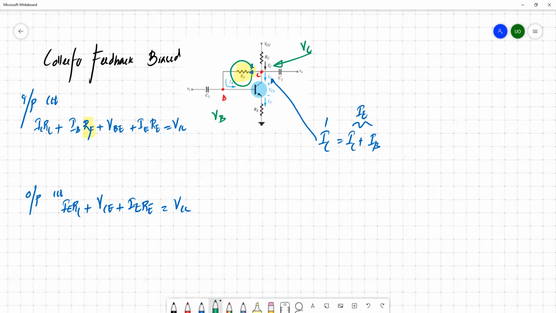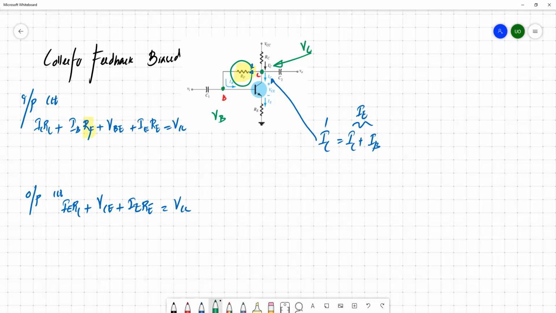This RF resistor can inform whatever variations appear in the collector, because it is directly connected to the base. If you see a fluctuation appear here, it informs this one, because this is a resistor. If the voltage is increasing without changing the current, then definitely the base voltage should be increased to maintain a fixed voltage across this RF. Likewise, whatever changes appear in the collector can be simply transferred to the base through this RF resistor.